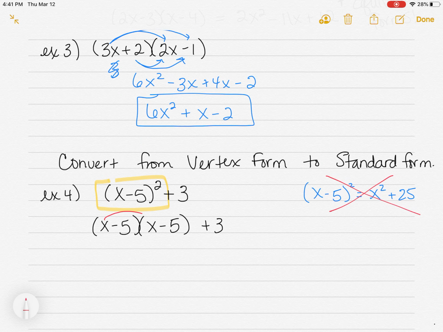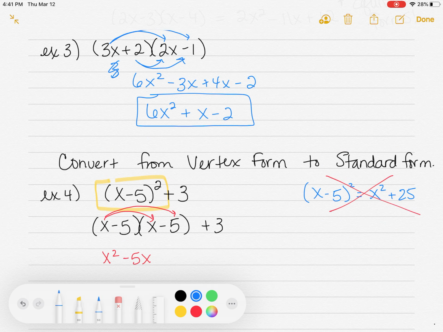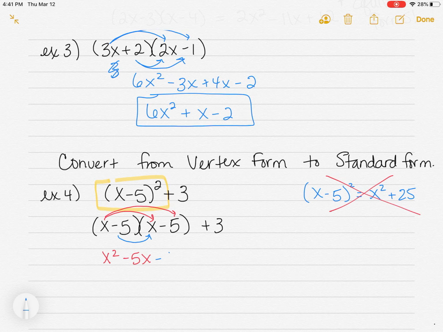Right, so if I FOIL this, I have x times x, which is x squared, and x times negative 5, which is negative 5x, and then negative 5 times x, which is negative 5x, and negative 5 times negative 5, which is positive 25.